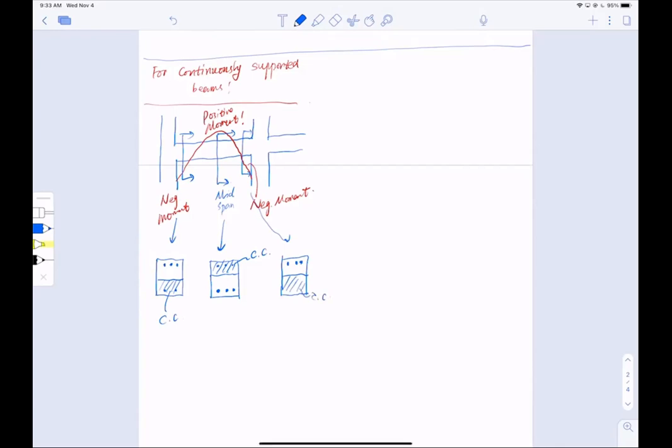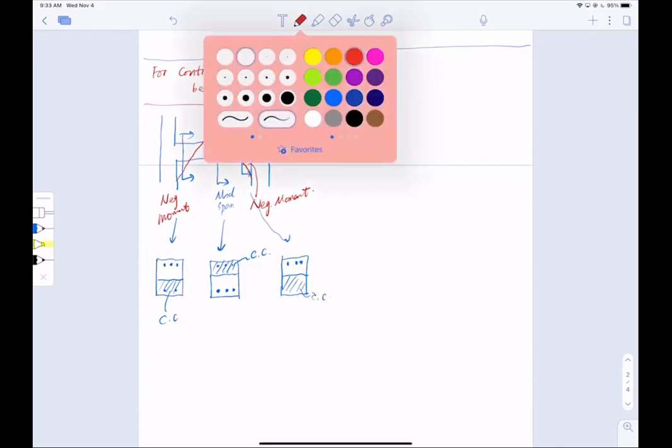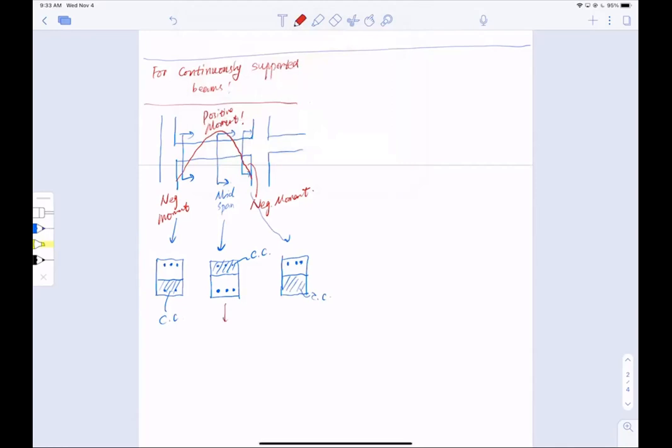To differentiate them, we actually have names for them. This is called I effective midspan, this is called I effective 1, on the left end or one end, and this is called I effective 2 at the other end.